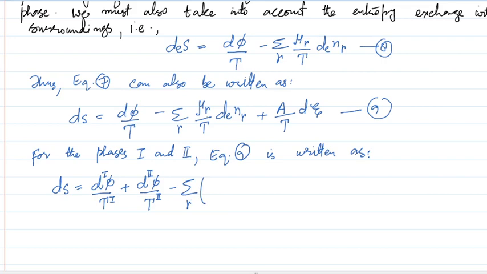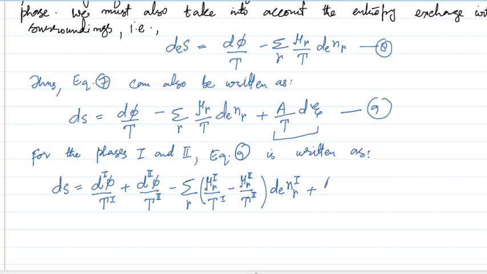Also we will break this mu gamma upon T into 2, that means mu gamma of the first phase upon temperature of the first phase minus mu gamma of the second phase upon temperature of the second phase, and it is dE n gamma, suppose this is first phase, plus this term can also be split into two.